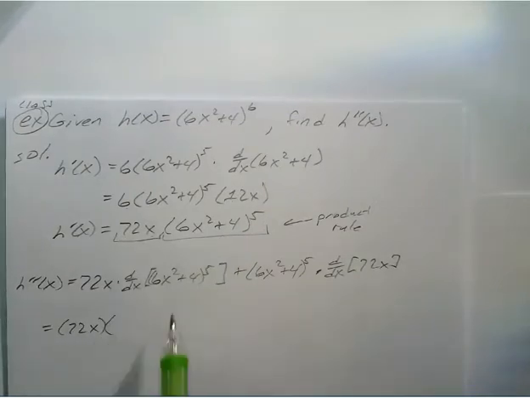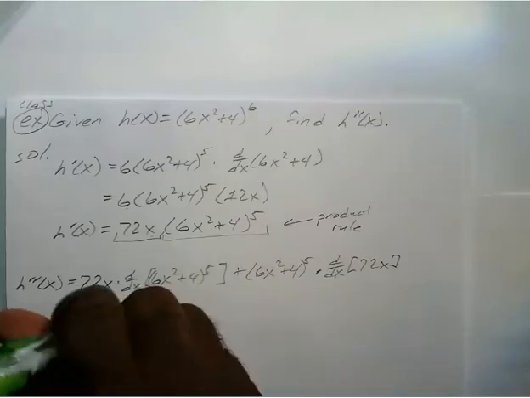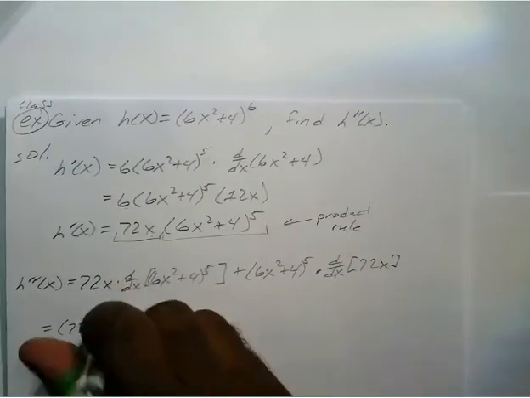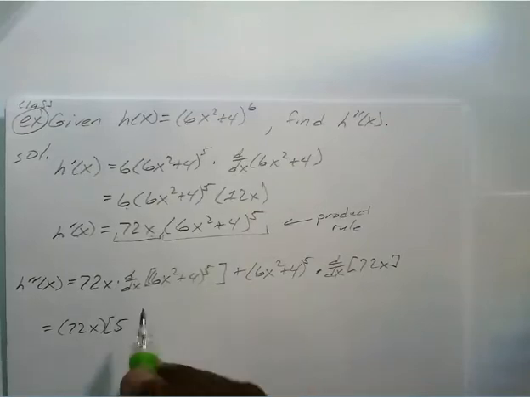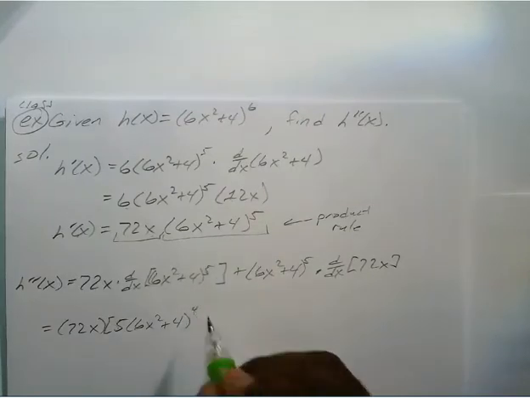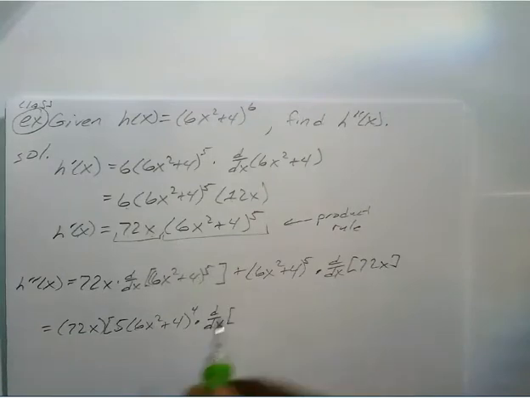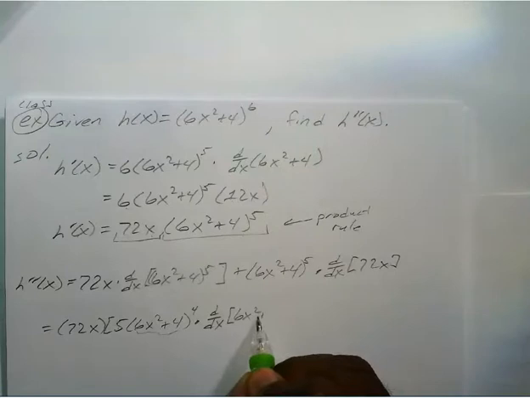72x times the derivative, using the chain rule for this one. We have our 5 we're going to bring down, so we're at 5. Actually, let me use the brackets so it's not a bunch of parentheses lying around. So we have 5 times 6x squared plus 4 to the 5 minus 1, which is to the 4th power, times the derivative of what's inside, which is 6x squared plus 4.